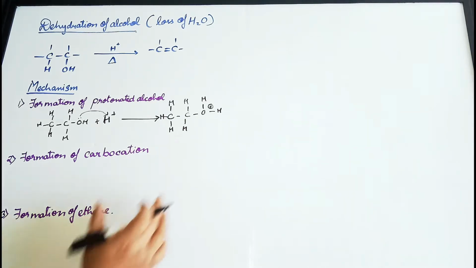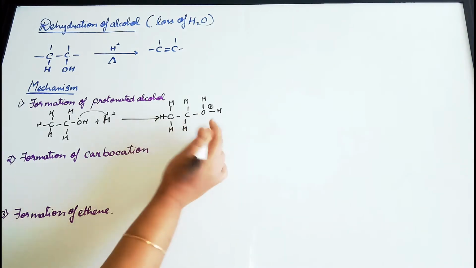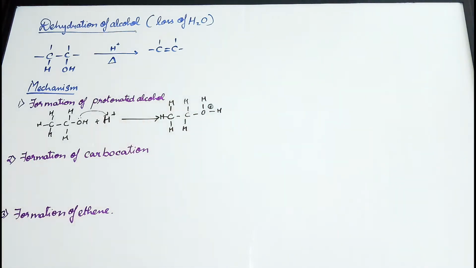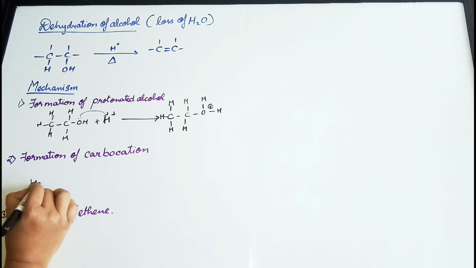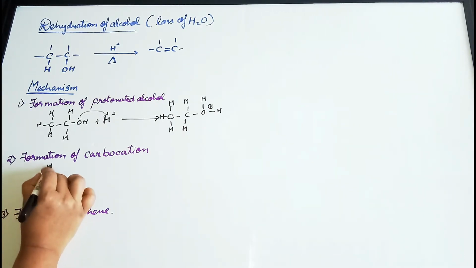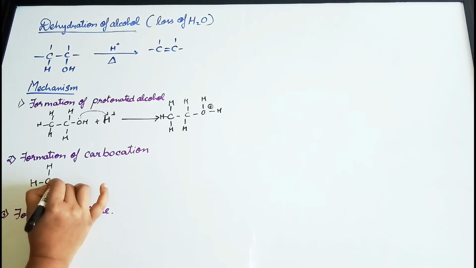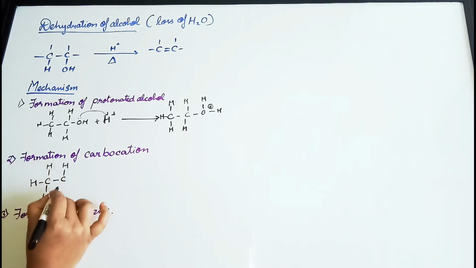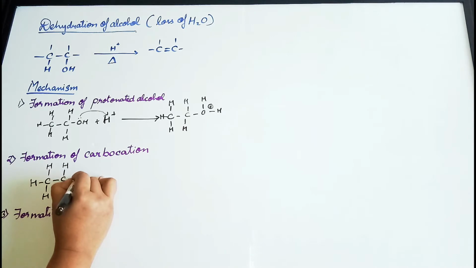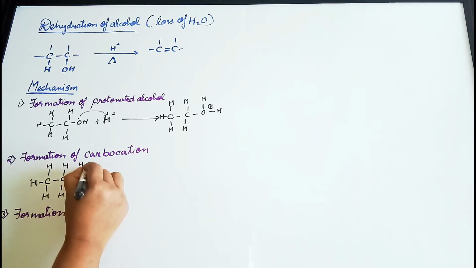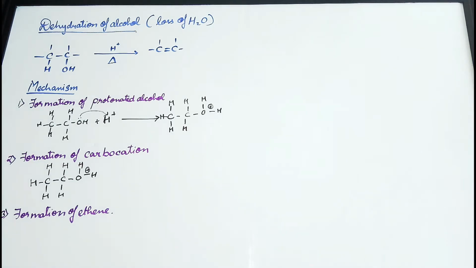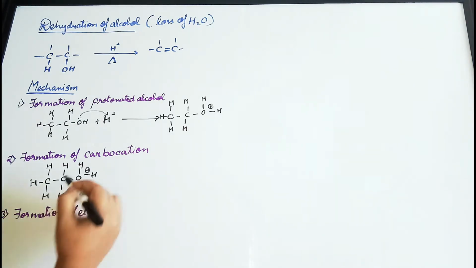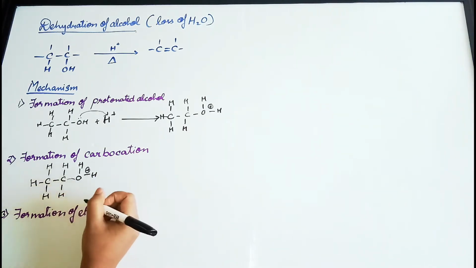Now what happens is this protonated alcohol will lose the water molecule, and this leads to the formation of a carbocation. And this step is actually a slow step. In every reaction, whichever is the slower step is considered the rate determining step. And because this is the slowest, this one will be considered the rate determining step. Now, this is the protonated alcohol. What is going to happen? This bond is going to break.